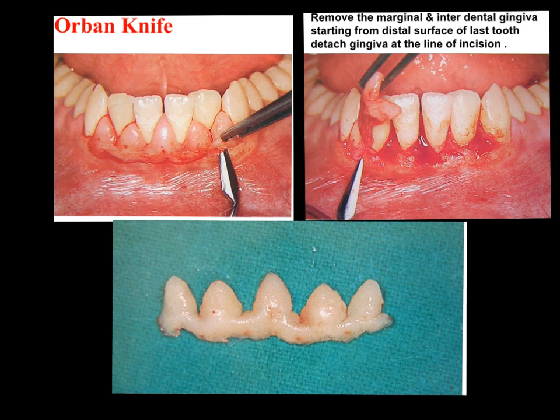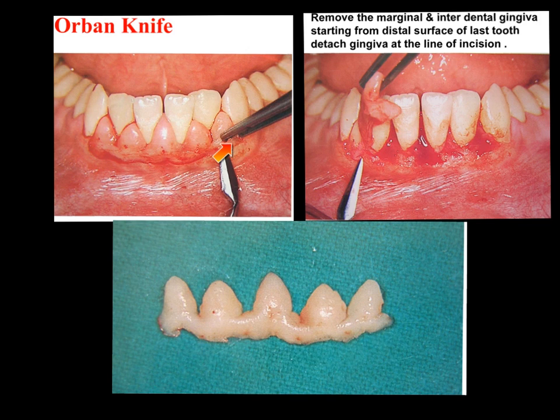This is the procedure. For example, in case of the continuous one, we made the incision from the distal angle of the last tooth, and we begin the continuous incision on the course of the pocket marking.